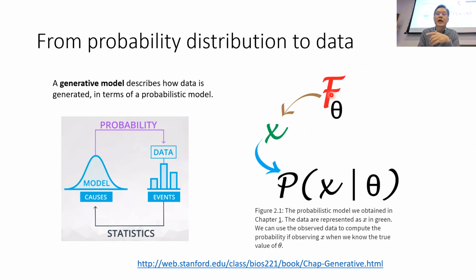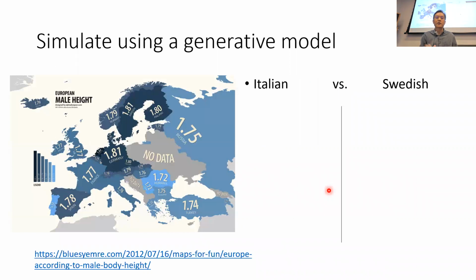You can actually use it to generate some data, or you can just learn from the data to do this. And then you have a probability. So based on your model parameters, whether your observation is reasonable and what's the likelihood to observe this based on the assumption. So to make this more concrete, I give you an example here.